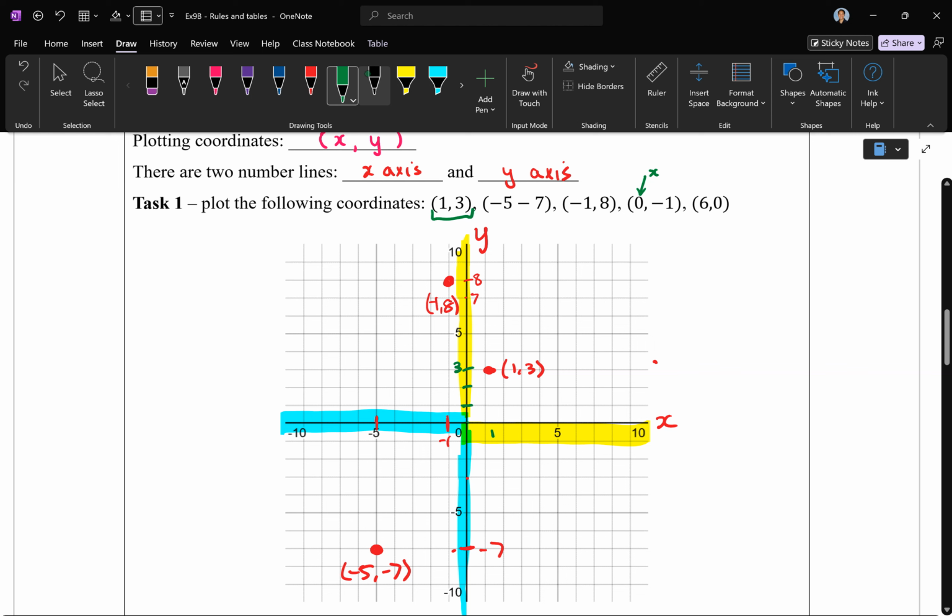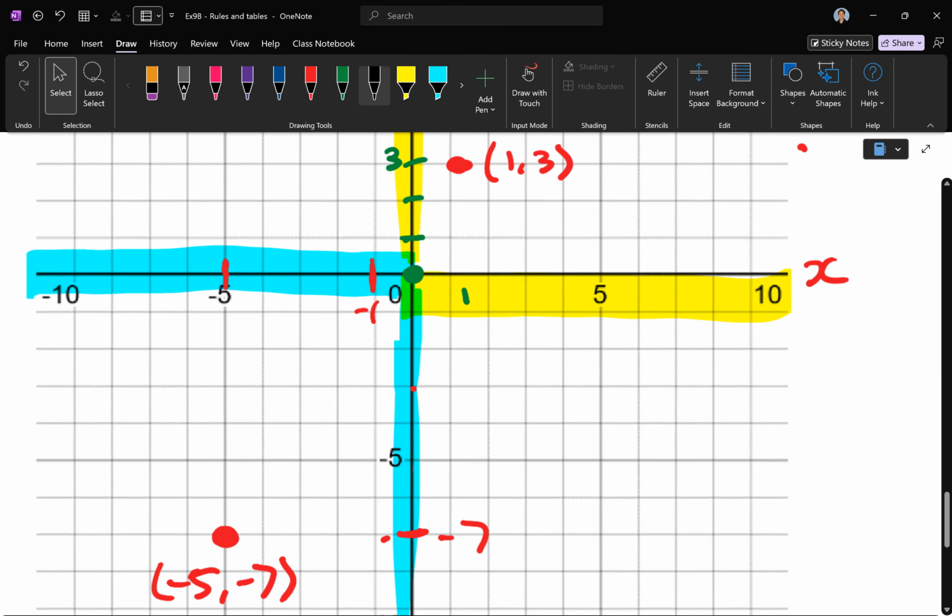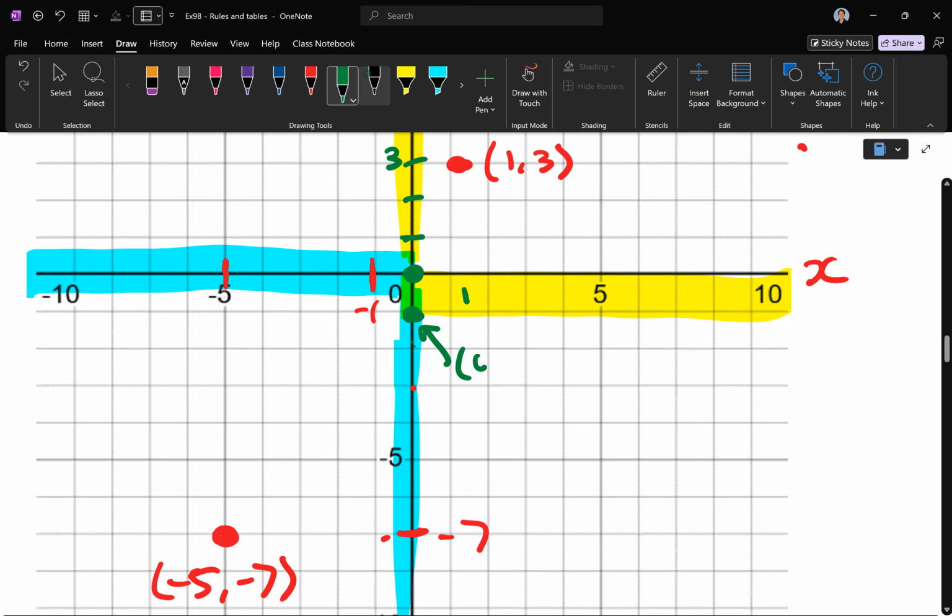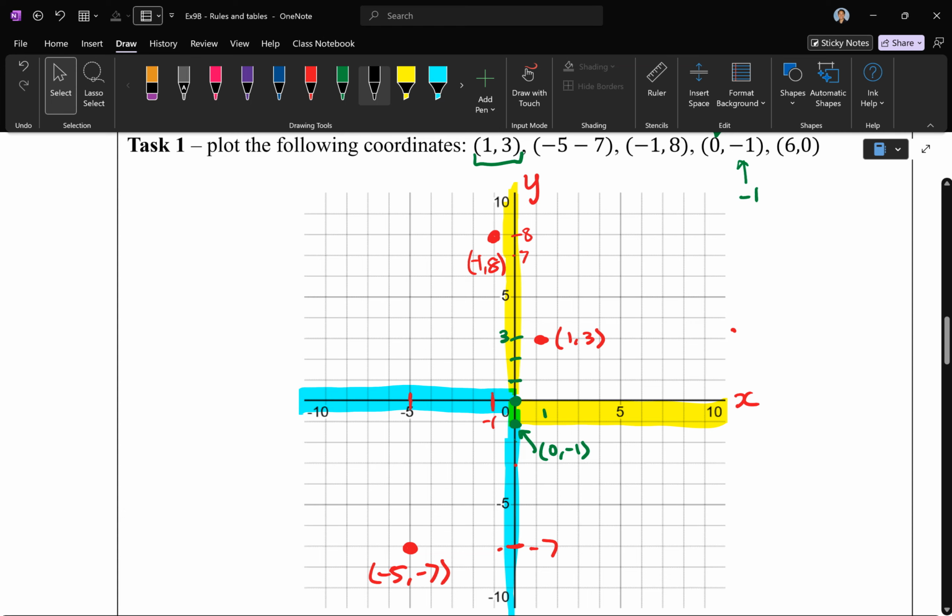So you're at 0, not moving left or right, and then you're moving up or down. In this case, you're moving down by negative 1. So that's why we know the coordinate for the green spot is negative 1, which is over here. That's the spot for 0, negative 1. You're not moving left or right because the x-axis is 0.